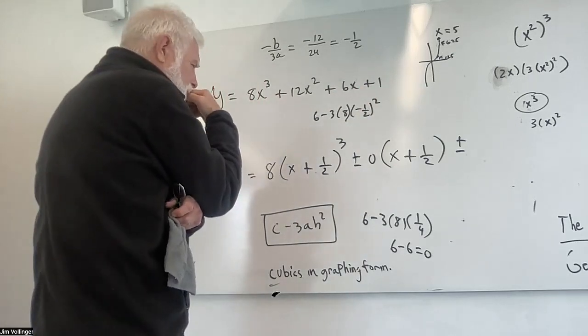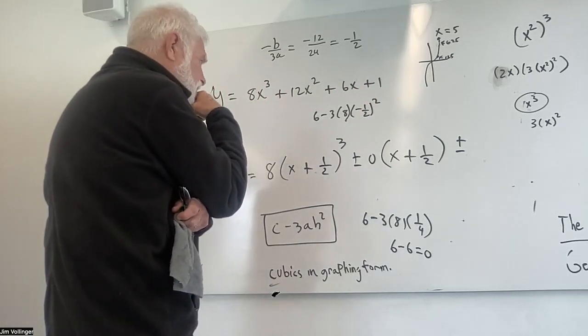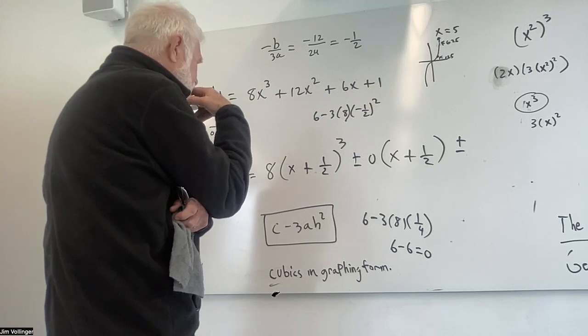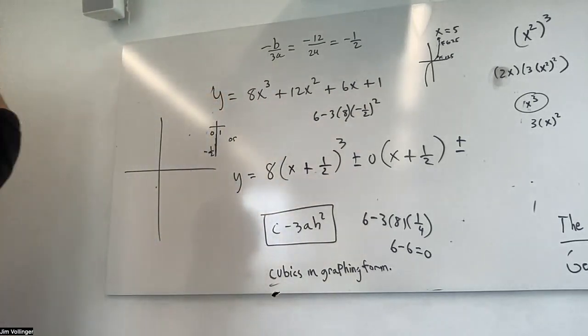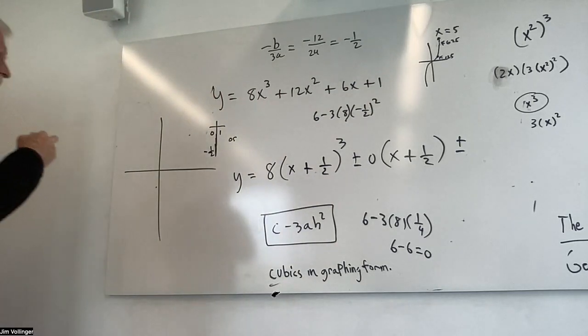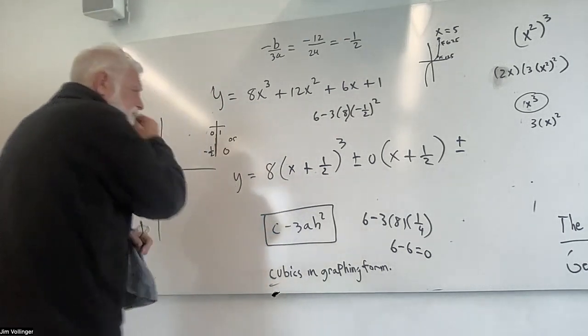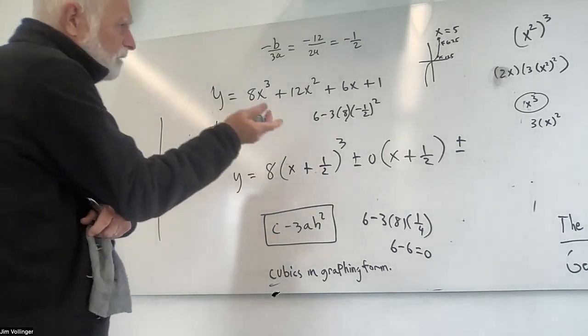Yeah, it's still 0. I've got hung up here on something, and I'm not sure what. All right, so 0 gets you 1. Well, -1/2 should get us 0, right? And if we put -1/2 in here, we do get 0.